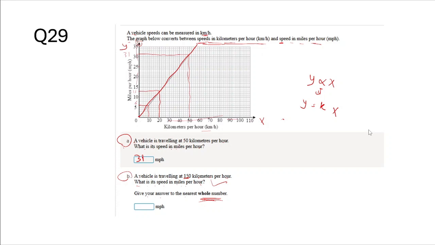We have that the vehicle is traveling at 50 km per hour, which is x, and y we already get from the graph, which is 31, so we can get the constant. So k would be equal to 31 over 50, which is 0.62.